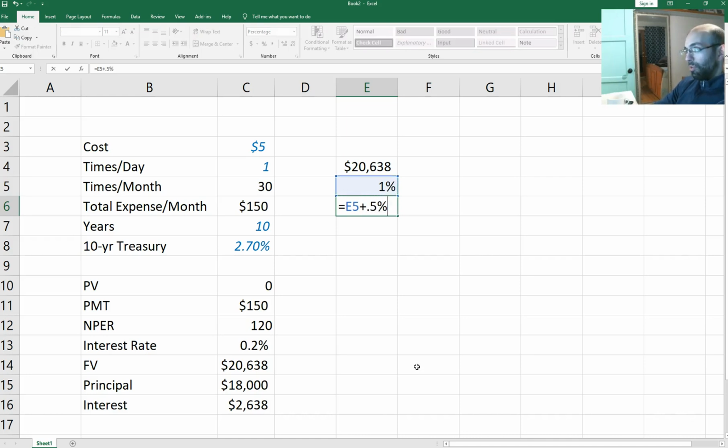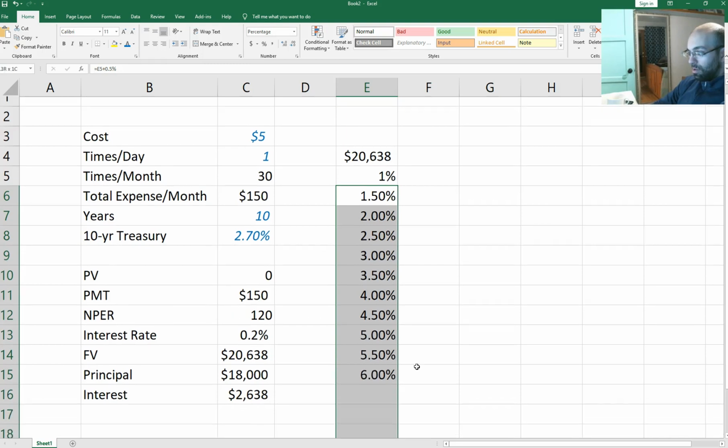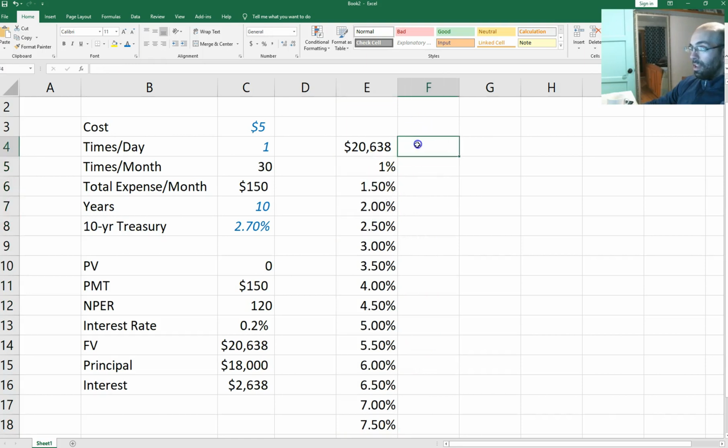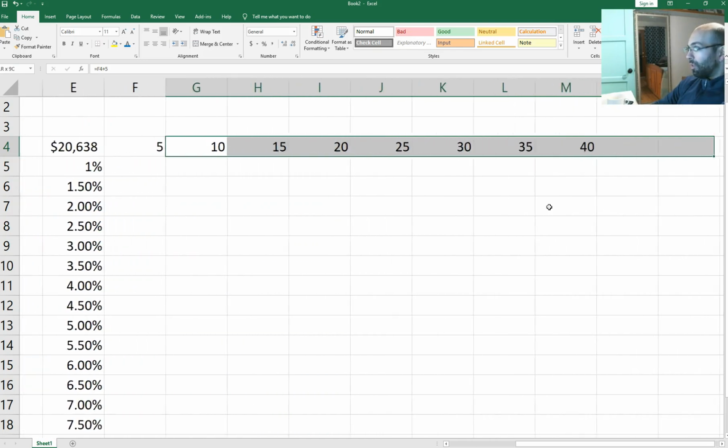So 5%, and we'll drag that down. Now, the higher the rate of return, the more risk, so keep that in mind. And then over here, what we'll do is the time frame. So we'll go over 5 years, 10 years, and we'll just increment by 5, just to show how this works over a long time frame.